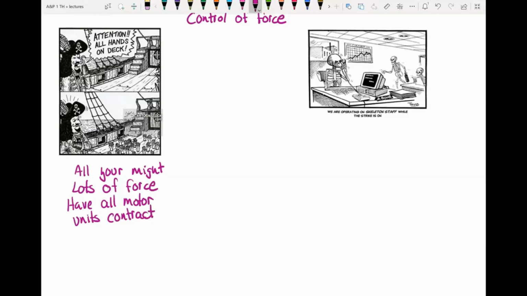Okay, over here we have a skeleton crew, right? Which means you're just doing the minimal force. This is when you're shooing the mosquito from the baby. You want to be very gentle and careful. So here you're only going to use 1 motor unit.